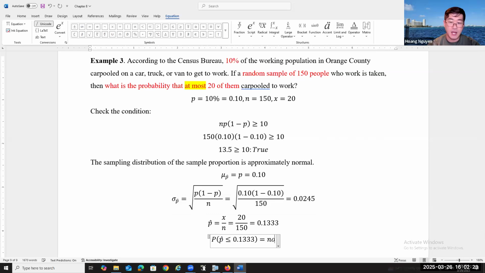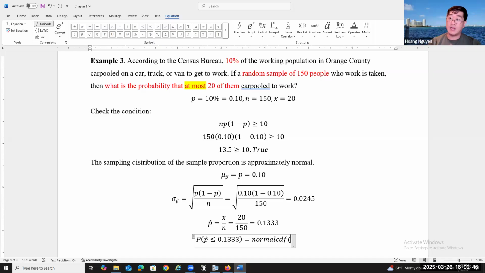Now we're going to use the normal CDF. What should be the lower bound and the upper bound? At most is the maximum of 0.1333, so do we go from that to the left or to the right? You cannot be more than the maximum, so you go from that value, 0.1333, to the left.